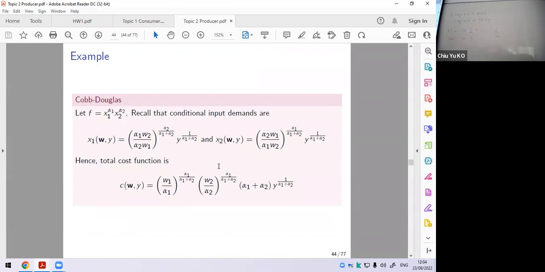But do note that there is some assumption behind it. It's different from preference and utility, where the two are closely related directly, because utility is just a representation of the preference. The cost function does not come directly from technology. You need to make an assumption about how firms behave in the input market. As long as the input market is perfectly competitive, then everything goes.